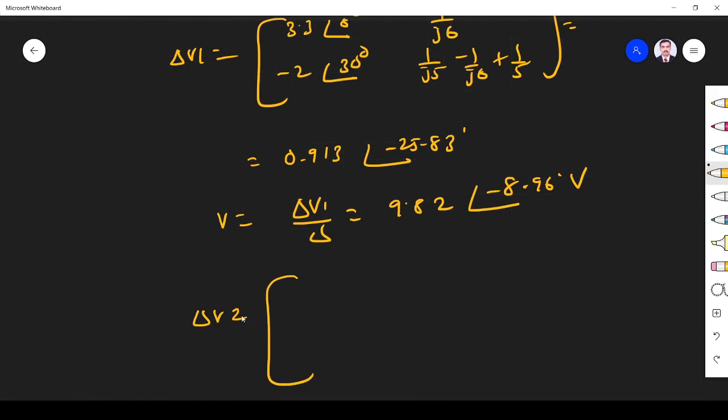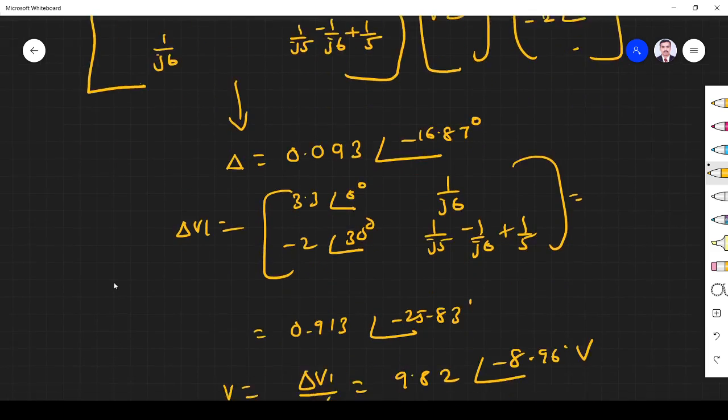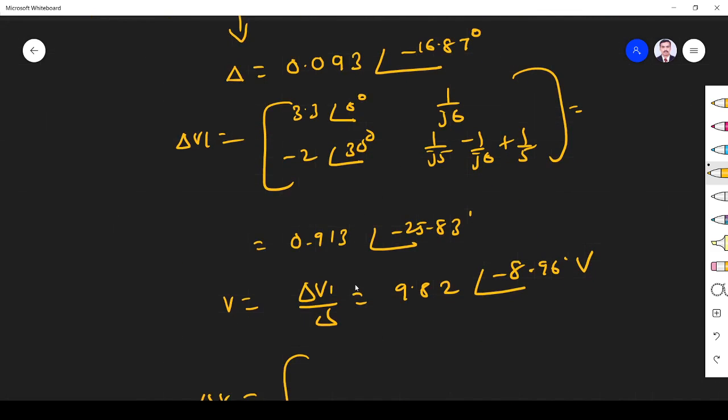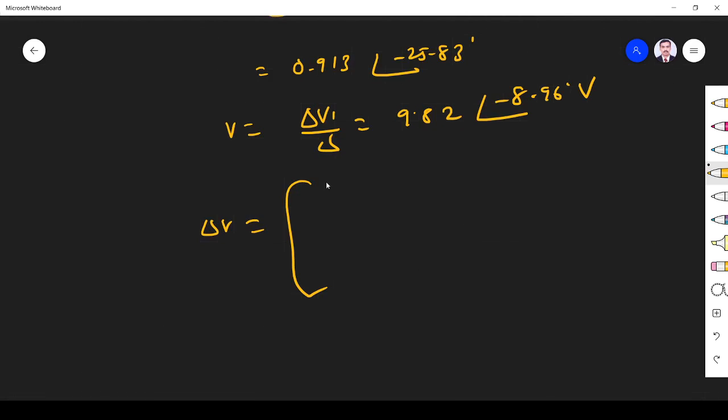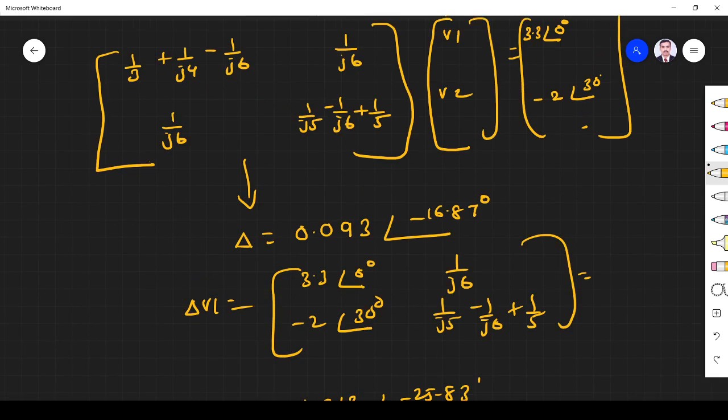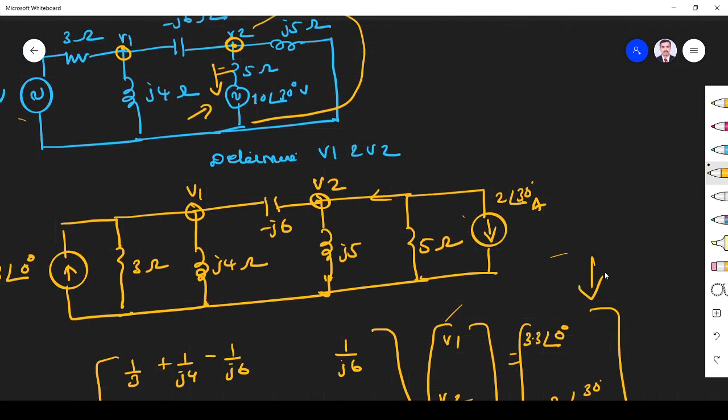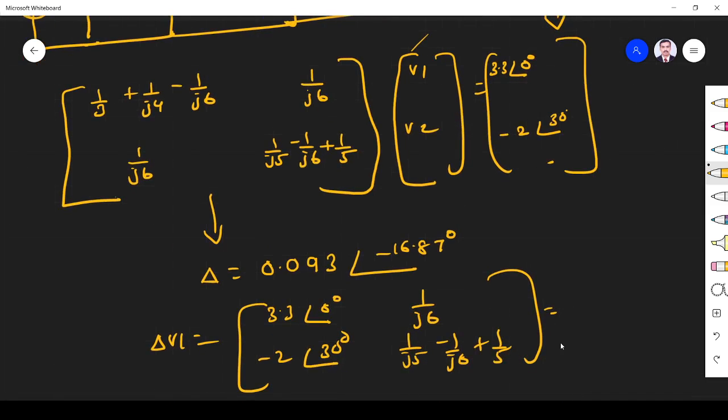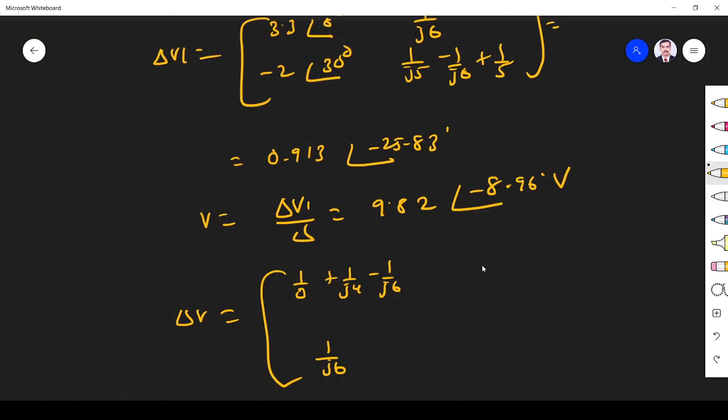Next, I find del V2. Del V2 means the first column will be as it is. So I write the first column: 1 by 3 plus 1 by j4 minus 1 by j6, then 1 by j6. The second column should be replaced by 3.33 angle 0 degree and minus 2 angle 30 degree.